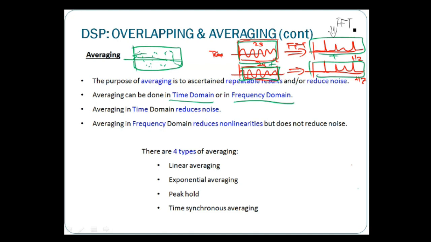So 4 types of averaging are common. You have linear averaging, exponential averaging, peak hold averaging, and time synchronous averaging. So 3 of these are all referring to frequency domain averaging.